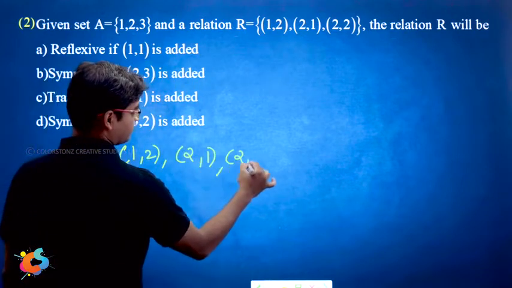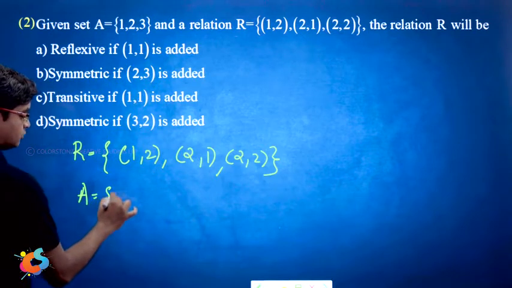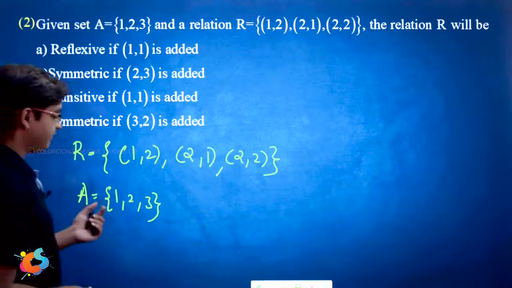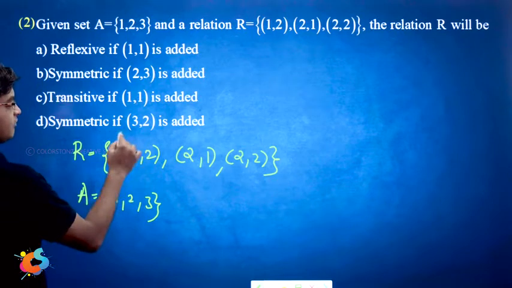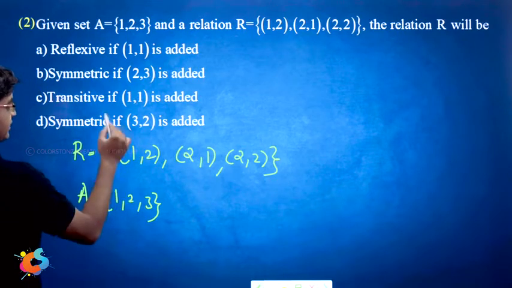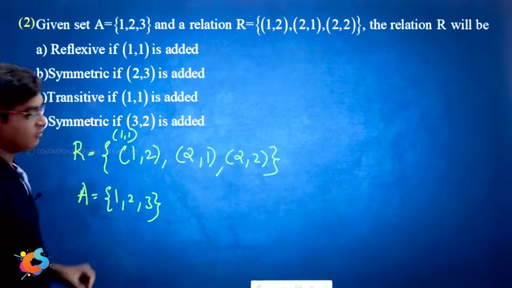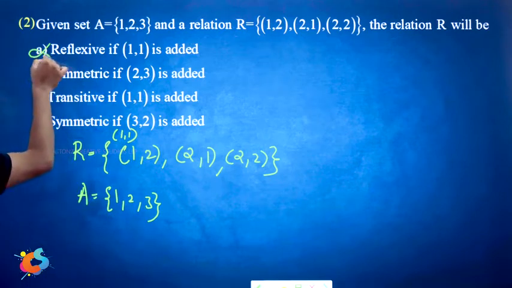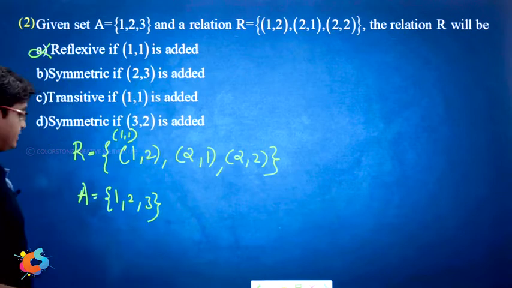Will it be reflexive if we add (1,1)? Let us see. If you are adding (1,1), then (1,1) will be there. This is an extra which we are adding. So (1,1) and (2,2) are there. (3,3) is not there. So it will not be reflexive if (1,1) is added because (3,3) is not there.